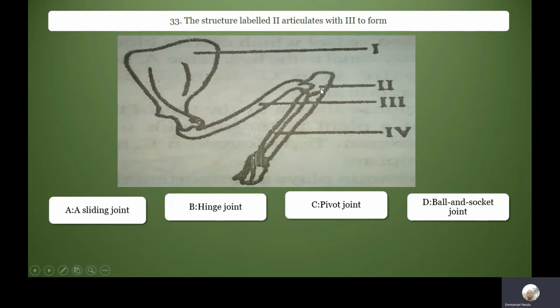And then you have the ulna. So I is scapula, II is the ulna, III is the humerus, and IV is the radius. So the elbow joint is a hinge joint. So the correct option here is B.